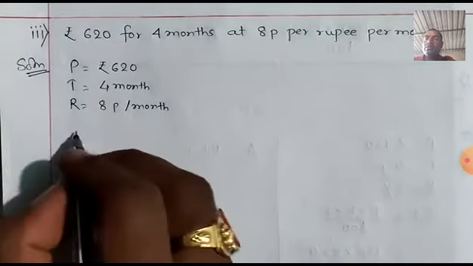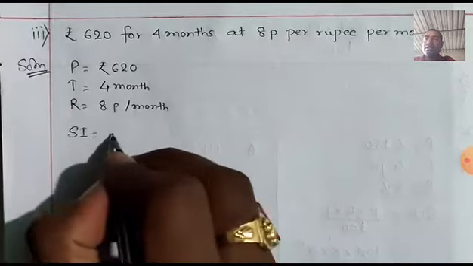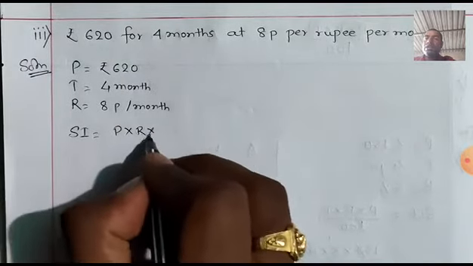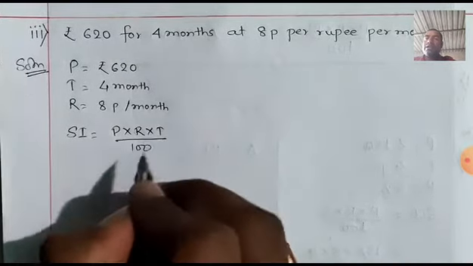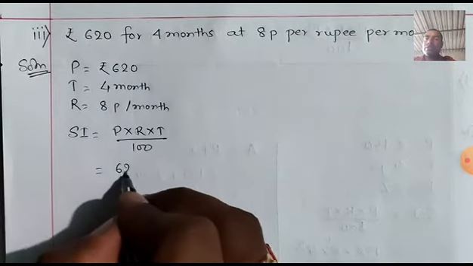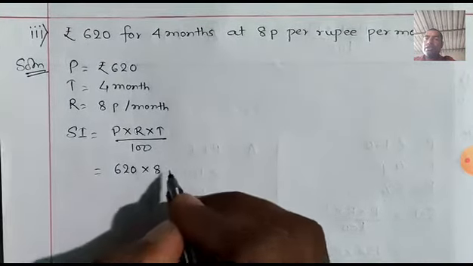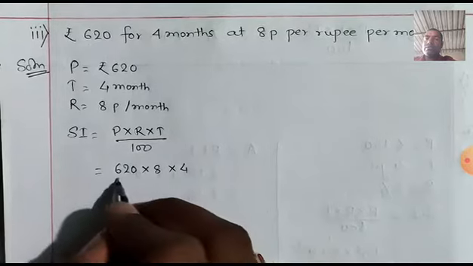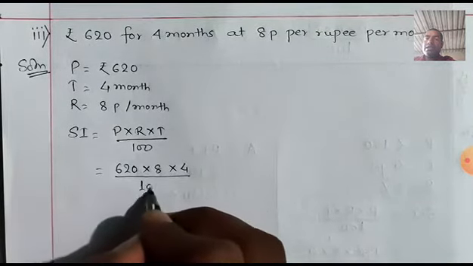Now we will find out the SI. The formula is P into R into T divided by 100, equal to 620 into R is 8, T is 4, divided by 100.